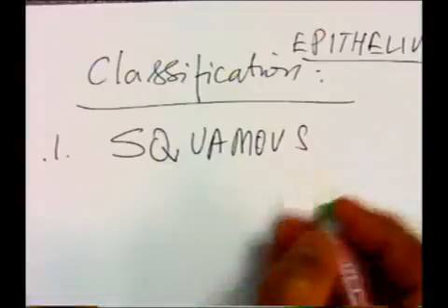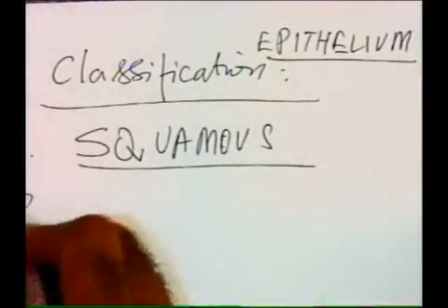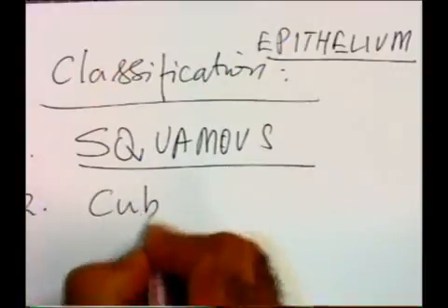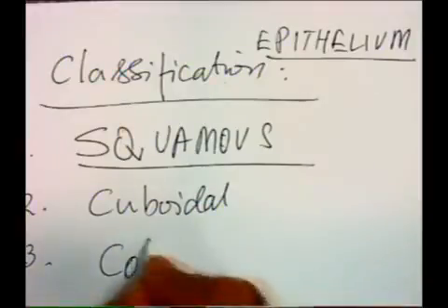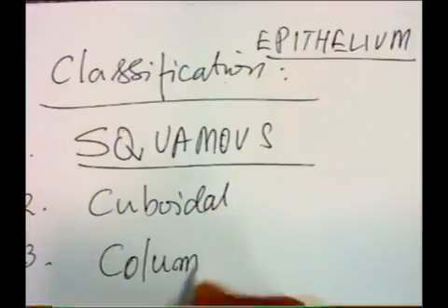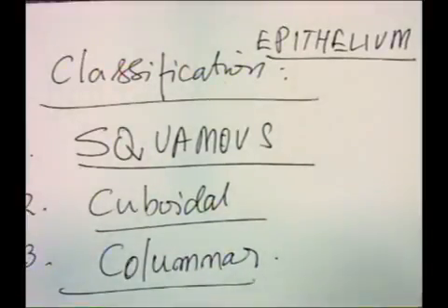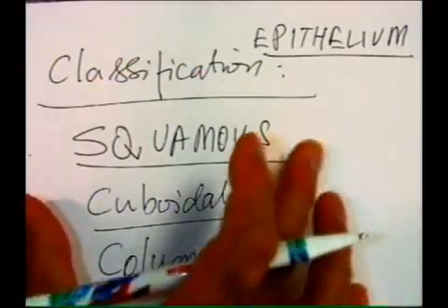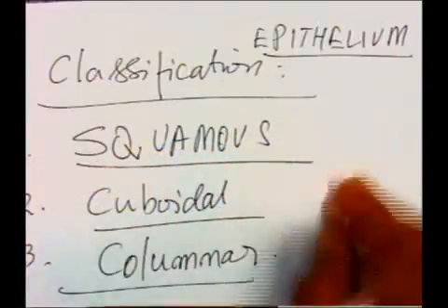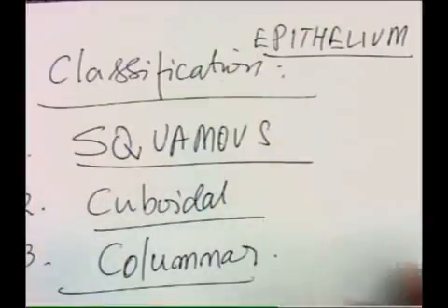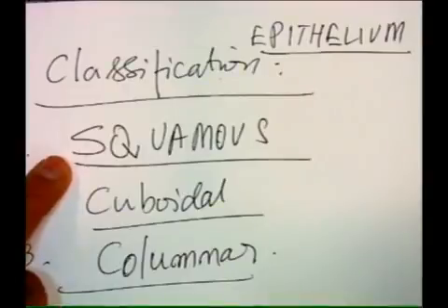So the epithelium is classified into one, squamous epithelium, two, cuboidal, three, columnar, C-O-L-U-M-N-A-R, columnar epithelial tissue. I'm going to classify depending upon the type of cells, the number of layers, where it occurs, and functions. So the first one is the squamous epithelial tissue.